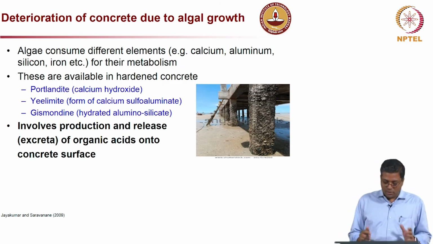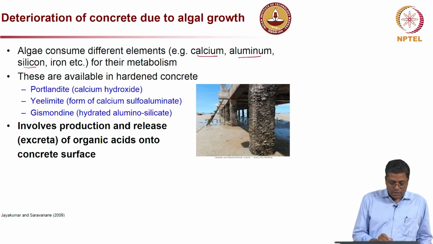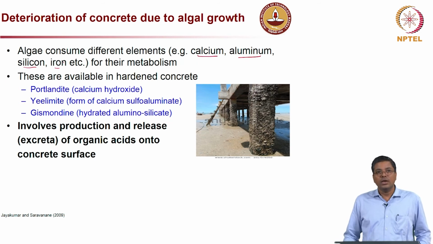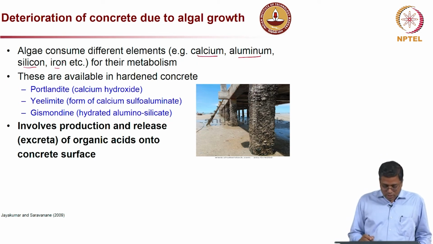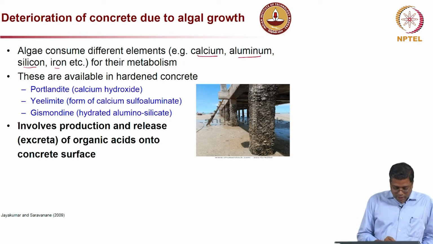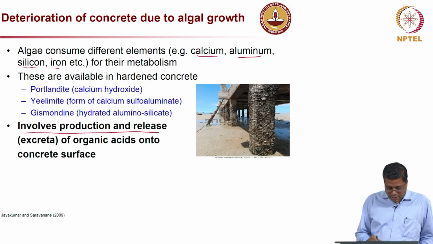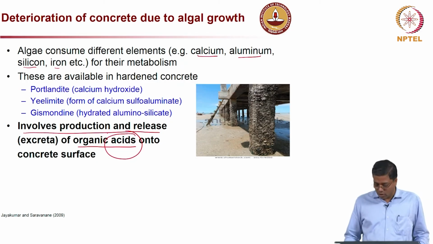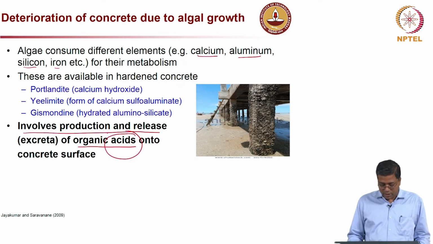For example, in your cement you have calcium, aluminum, silicon and iron, oxides of these are available in our cement or hardened concrete systems. Now, these metabolic actions involve production and release of organic acid. So, essentially these lead to acid attack of concrete surfaces, that is the key message here.